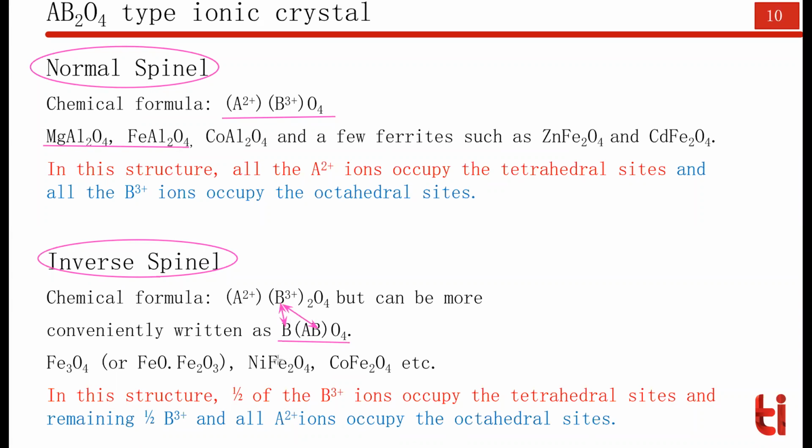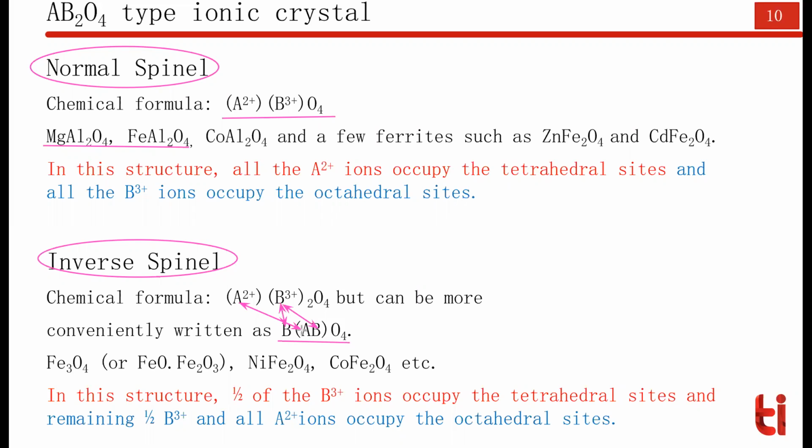Since the A site is already occupied by the B atom, A is being forced to occupy the B site. Right? So the difference between the normal spinel and the inverse spinel is that the cation with +2 charge in the normal spinel was at the tetrahedral void, while in the inverse spinel it is at the octahedral void.